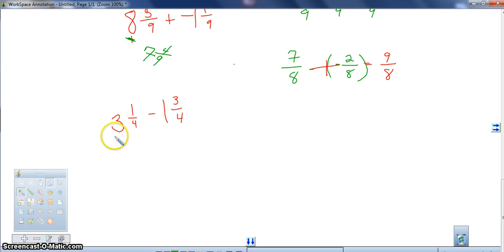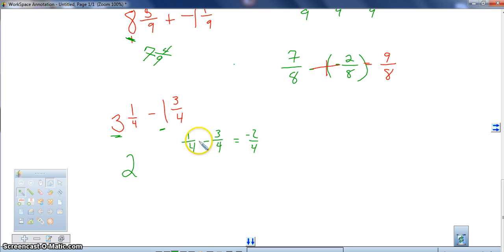If I subtract, I get 3 minus 1, which is 2. Okay, but if you look here, my fractions that are left, I have 1 over 4 minus 3 over 4. Well, 1 minus 3 gives me a negative 2. And I can't have that with my fraction. I can't say negative 2 over 4 with this fraction.